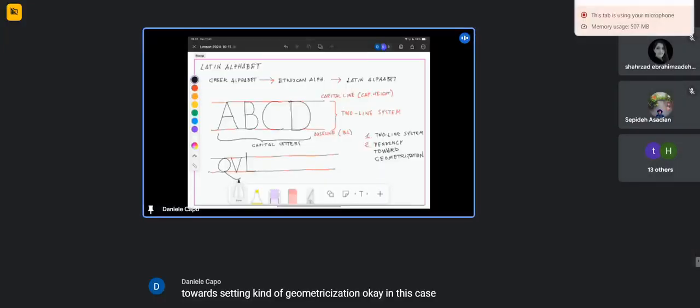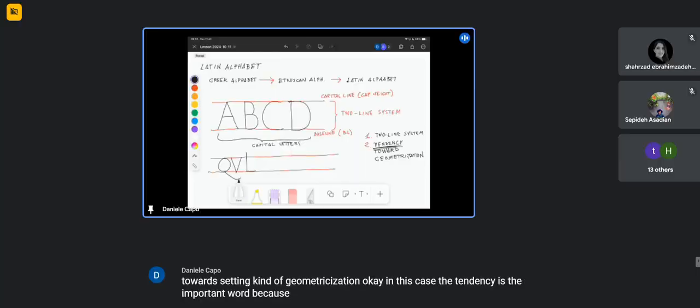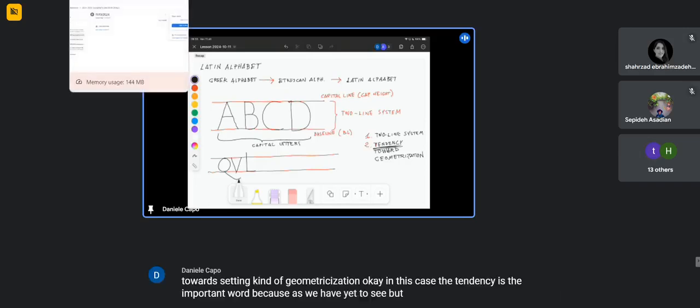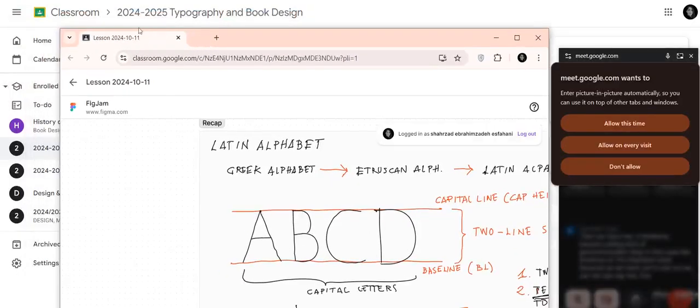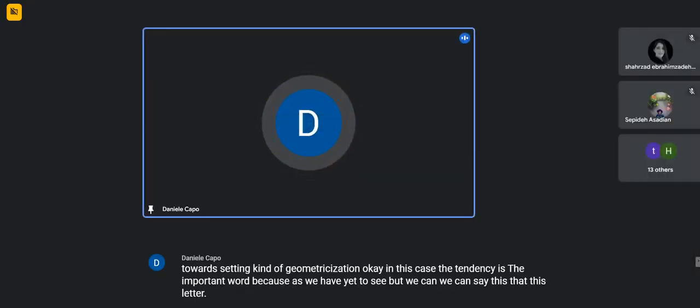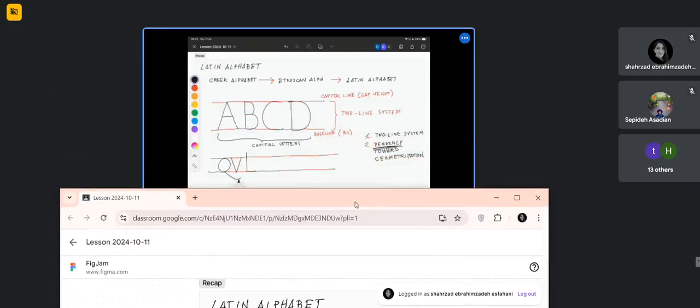Okay, in this case, the tendency is the important word, because, as we have yet to see, we can say that these letters were not designed with geometrical tools like a compass and so on.